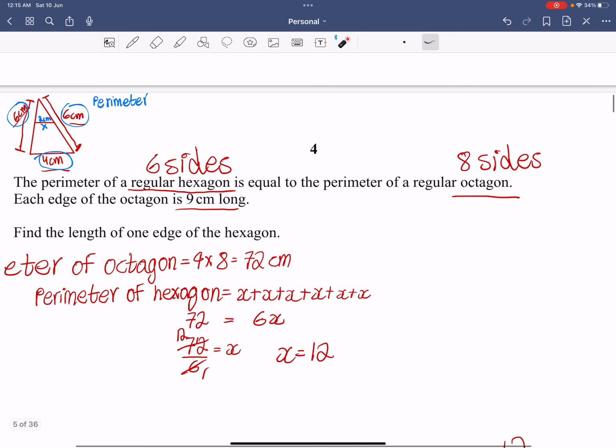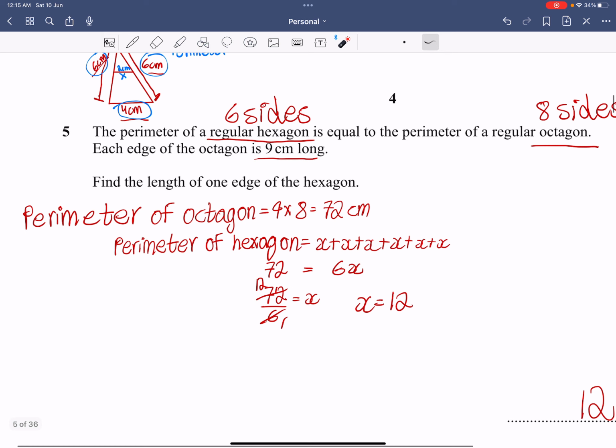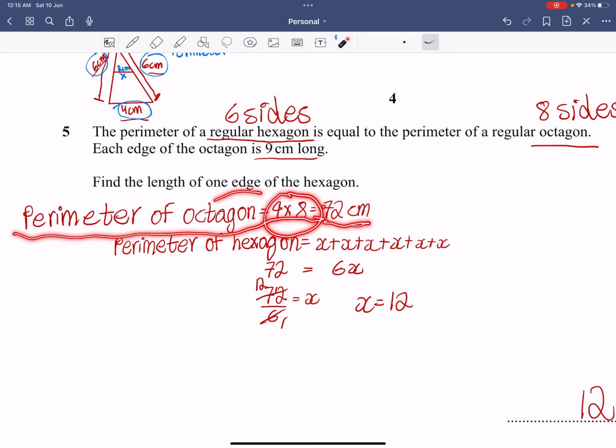So now let's read the question again. The perimeter of a regular hexagon is equal to the perimeter of a regular octagon. Each edge of the octagon is 9 centimeter long. So first we took out the perimeter of the octagon, which is 9 times 8, which is 72 centimeter. And now, as I stated, the perimeter of the octagon is equal to the perimeter of the hexagon.